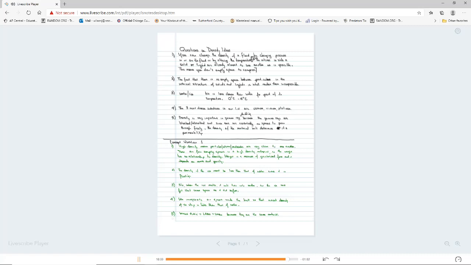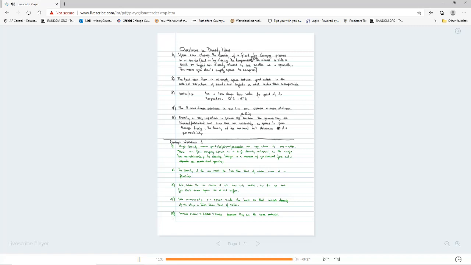So mass over volume, if you make the denominator get even smaller, then the overall density will go up. So as we take air out, now we're getting closer to the true density of just the fish, and just the fish will have a larger density than the density of water. So the game here is you're trying to add air to get your overall density to be less than water's, or you take in water or fluid, or you get rid of air to make your overall density go up so that it would be larger than water.